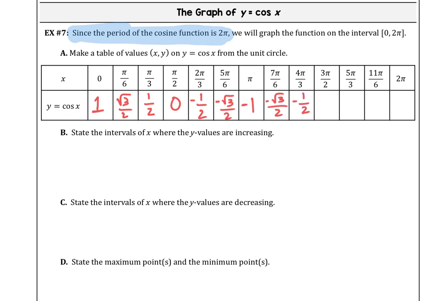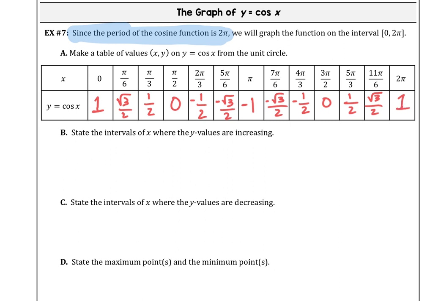And then down at the bottom of the unit circle, 3 pi over 2, that x coordinate is 0. And then as we jump into quadrant 4, 5 pi over 3 has an x coordinate of 1/2. It's positive again. And then 11 pi over 6 is root 3 over 2. And then at 2 pi, you're back at the starting point, so the x coordinate is 1 there.